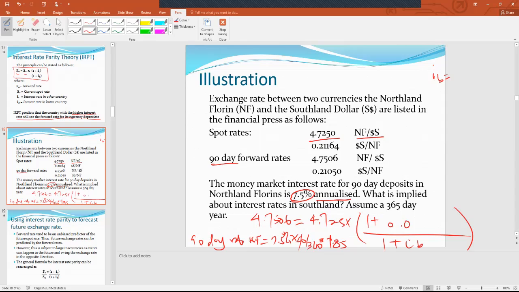Therefore 0.0185. Therefore, the interest applicable in the base currency is equal to 4.725 times 1.0185, you divide by 4.7506.